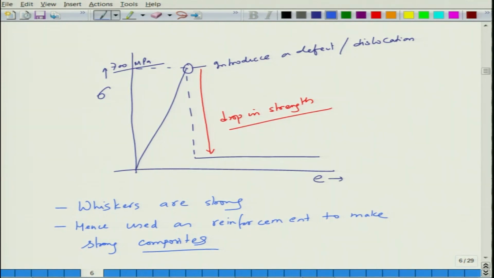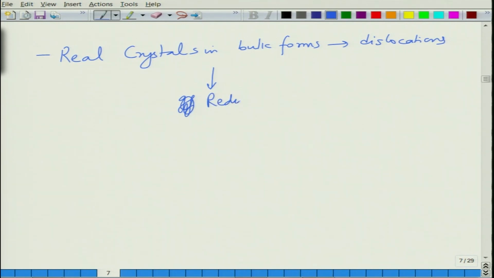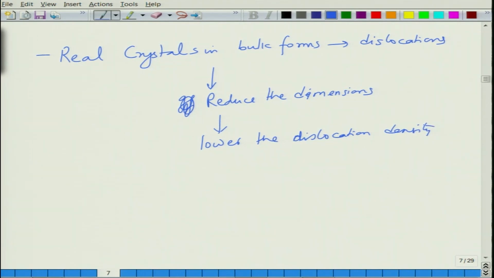Basically what we have said is that real crystals in bulk forms have dislocations, and if you reduce the dimensions, you lower the dislocation density to the extent that you can eliminate them, and then you make what we call whiskers with high strength. So this is the converse of what we have.